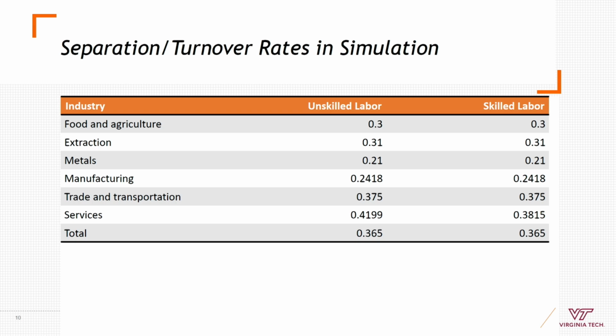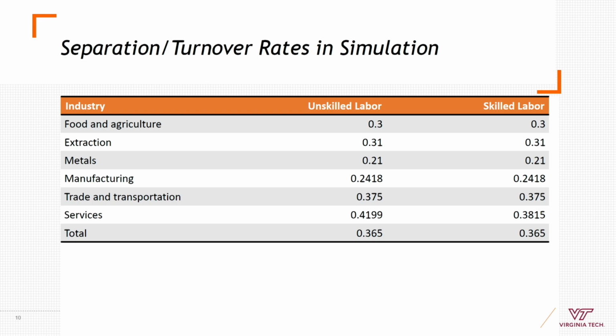To get the level of total matched labor in the US, I take that 36.5% and multiply it by the units of labor in the GTAP database. That tells me how much matched labor there is. For the others, there's no data on agriculture, but I lump food processing in there, and that's part of non-durable manufacturing, so that's a 30% turnover rate.